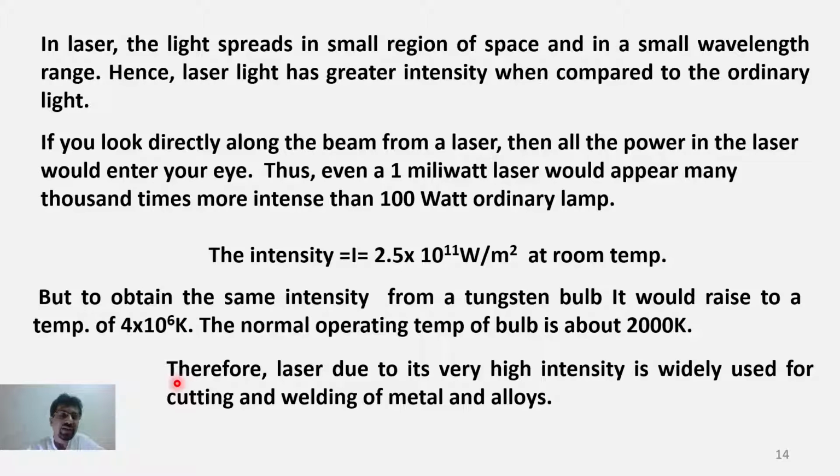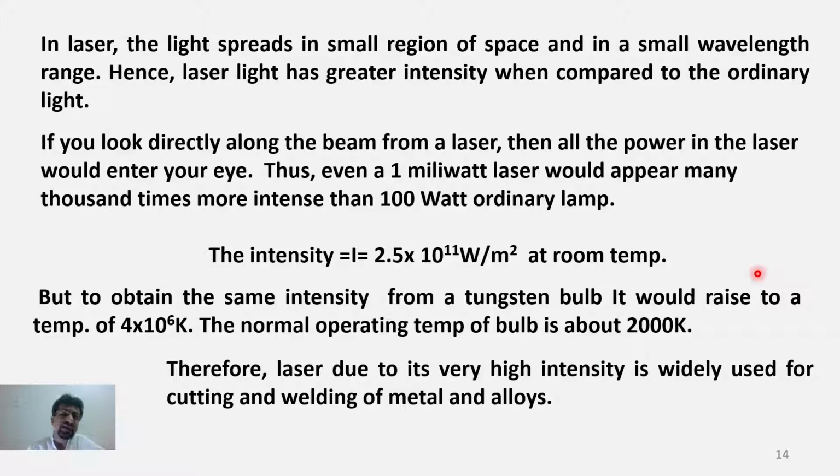But we know that the normal operating temperature of the bulb is about 2000 degrees Kelvin. So a 1 milliwatt laser at room temperature produces an intensity of 2.5 × 10^11 watt per meter square.